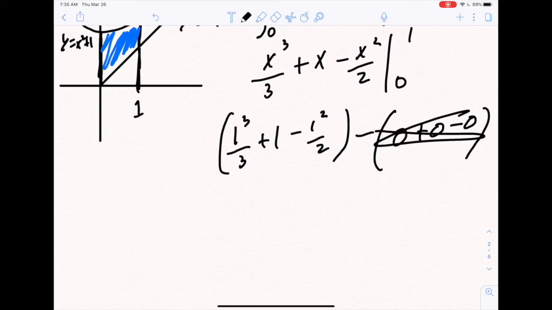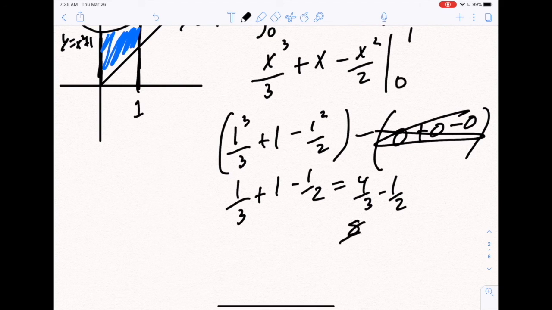So we can ignore all that for now. This leaves us with 1/3 plus 1 minus 1/2, which comes out to be 4/3 minus 1/2. We can get a common denominator of 6. So this works out to be 8 over 6 minus 3 over 6 equals 5 over 6. And that's your final answer.